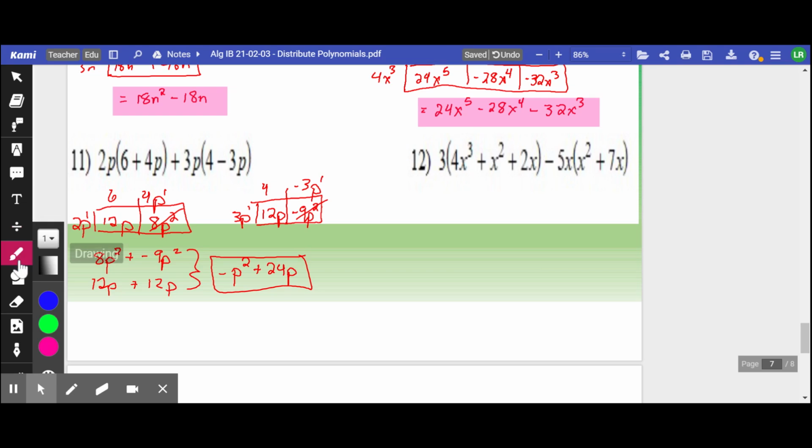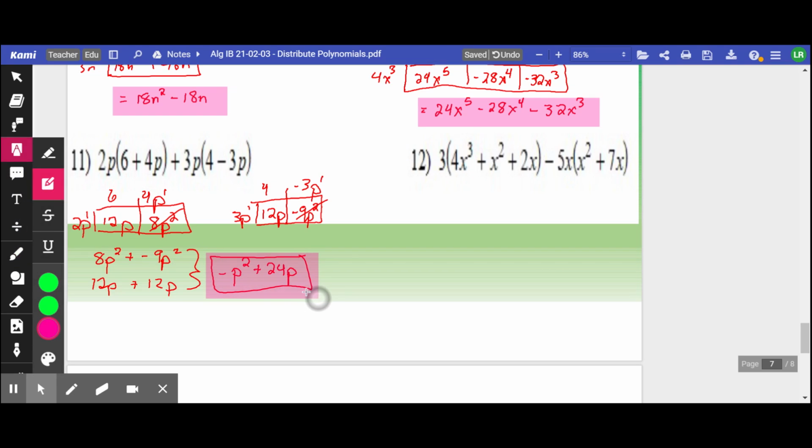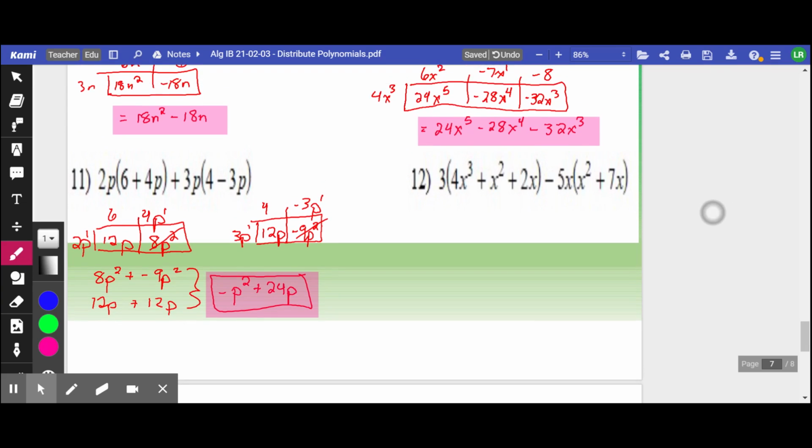Okay, last one here. Distribute. Okay, I'm going to just do it with the old school distribute. 3 times 4x squared, or sorry, 4x to the third is 12x to the third. 3 times 1x squared is 3x squared. And 3 times 2x is 6x.